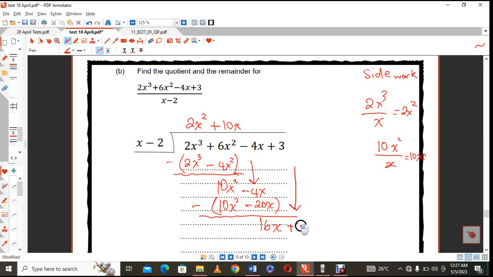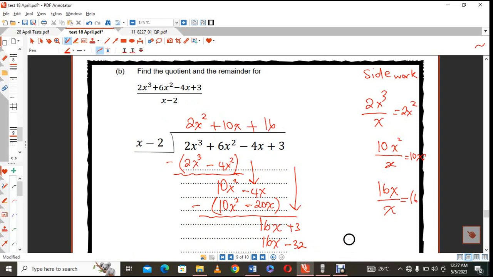I'm going to have my 16x divided by x, well, it's just 16, so plus 16 over there. If you multiply back 16 times x, you get 16x, and if you multiply 16 times negative 2, that's negative 32.